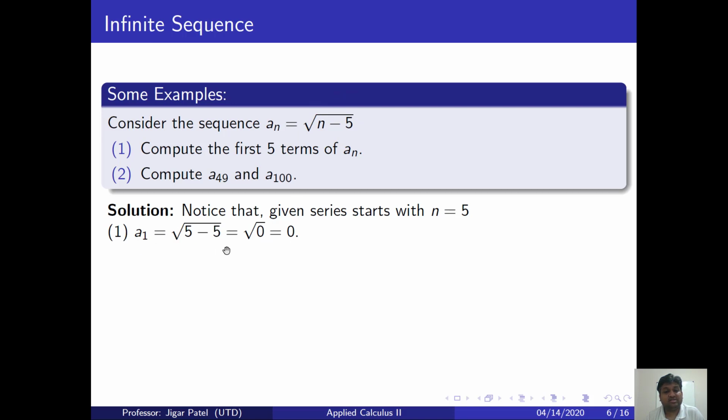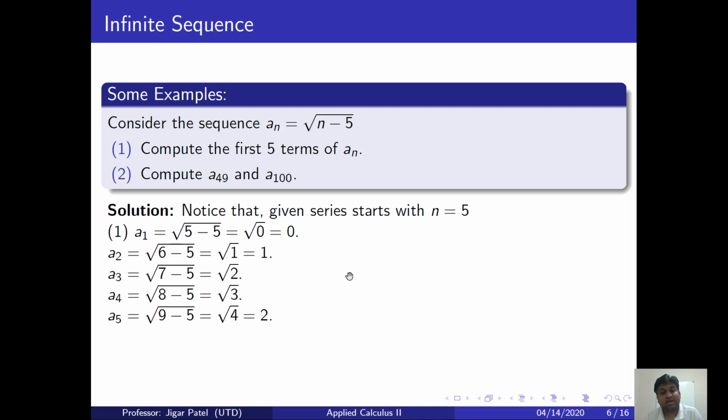The sequence starts with index 5. The second term will be square root of 6 minus 5, which is 1. Third term, square root of 7 minus 5, which is square root 2. Fourth term, square root of 8 minus 5, which is square root of 3. The fifth term is square root of 9 minus 5, which is square root of 4, and we know the square root of 4 is 2.